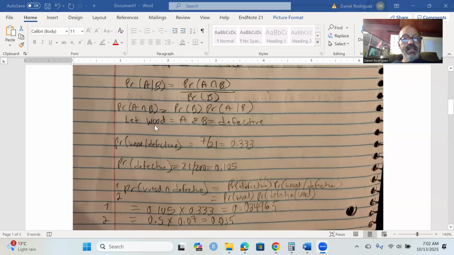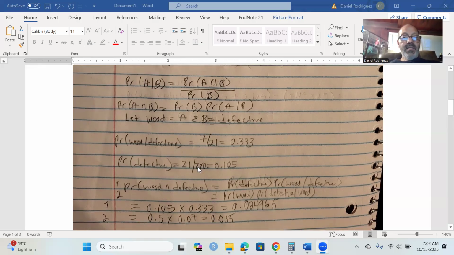So let's say wood is equal to A and B is defective. So A is wood, B is defective. I'm just basically redoing this equation. The probability of being wood given one is defective. Well, there were 21 defectives we saw on the table, and of those 7 were wood, so the probability is 0.333, 7 divided by 21.